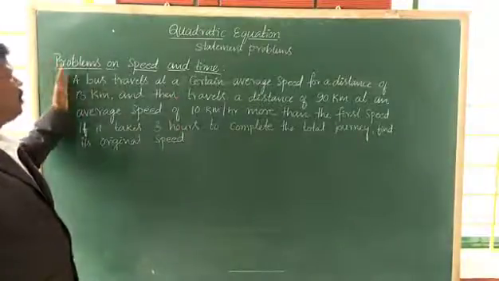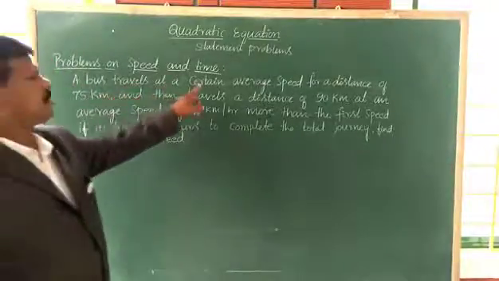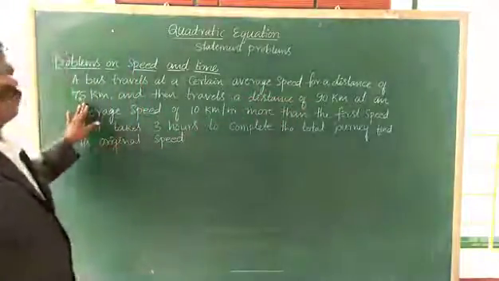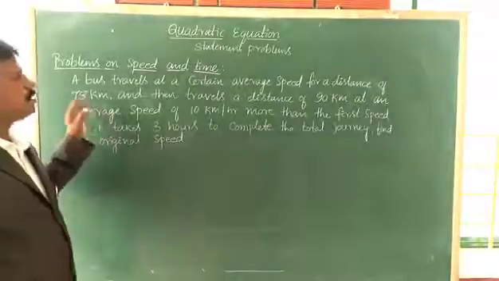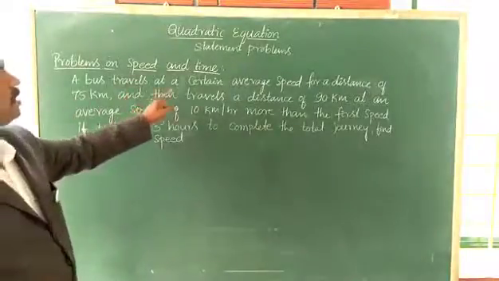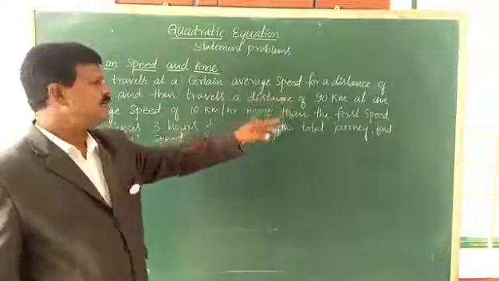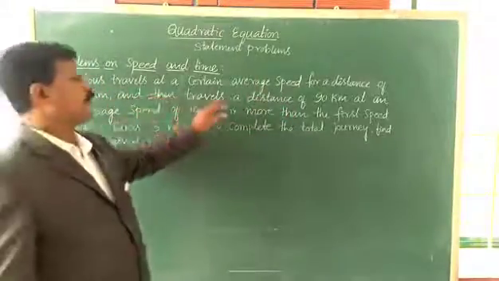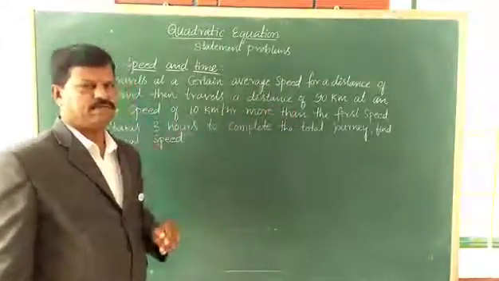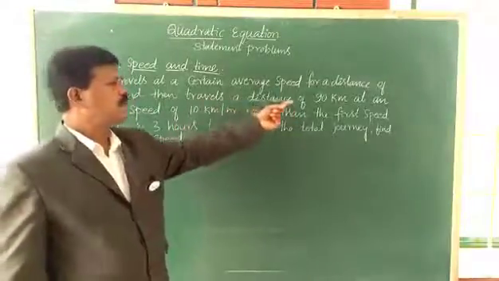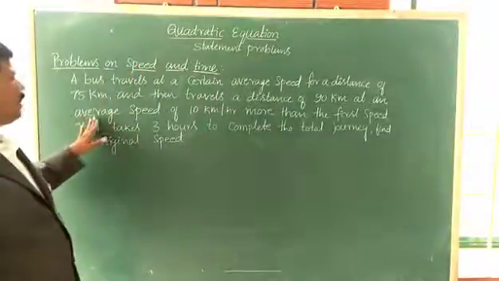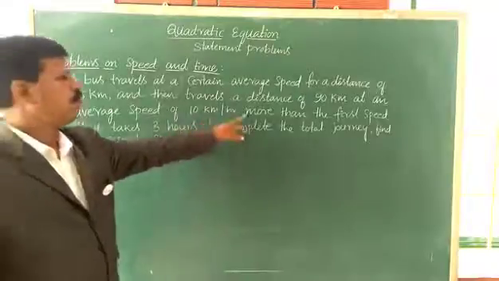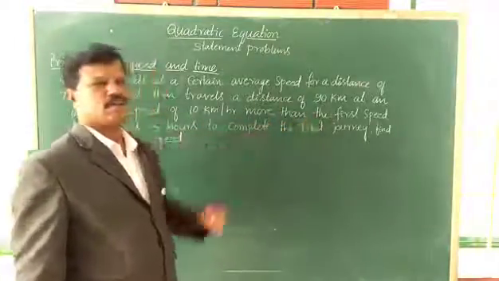A bus travels at a certain average speed for a distance of 75 km and then travels a distance of 90 km at an average speed of 10 km per hour more than the first speed.